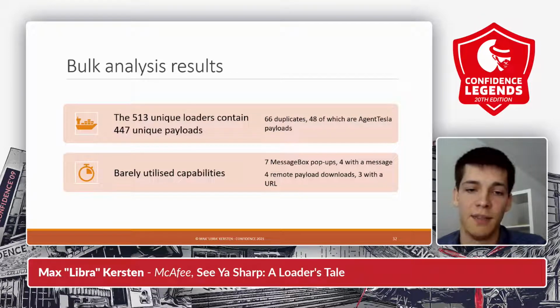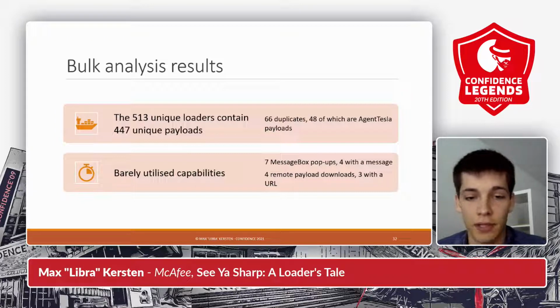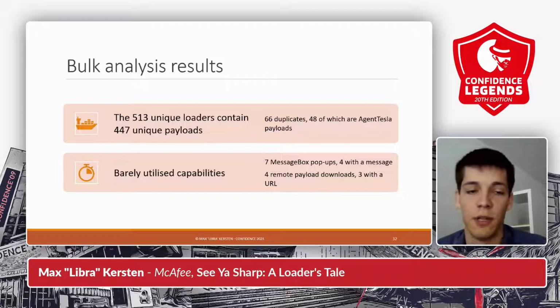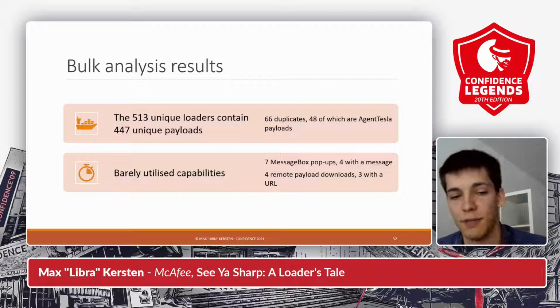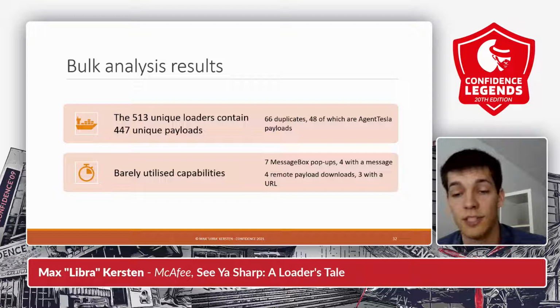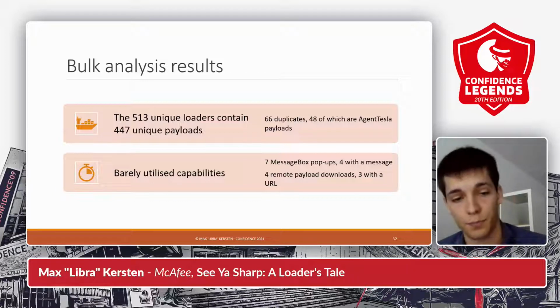So when looking at the payloads, something else became clear as well. There were 513 unique loaders. However, once extracting all the payloads, there were only 447, which means we ended up with 66 duplicates. So a different loader, but it dropped the same payload. And out of these 66 duplicates, 48 were Agent Tesla.